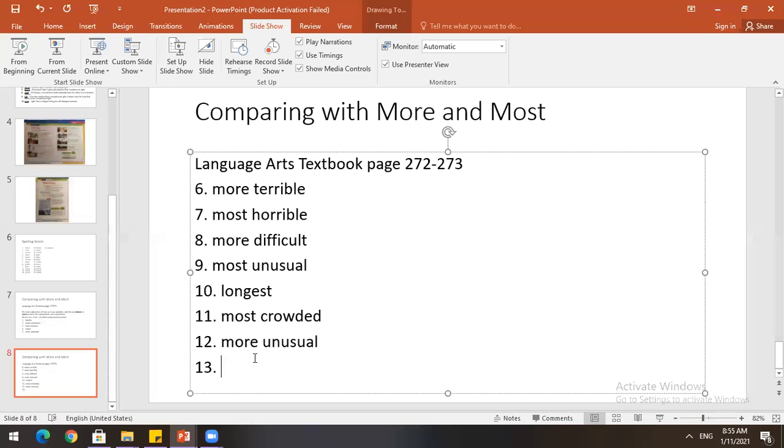Yusuf, can you try to answer number 13? Hopefully your connection is better. No, maybe not. Okay. Abdurrahman Tanahi, number 13.